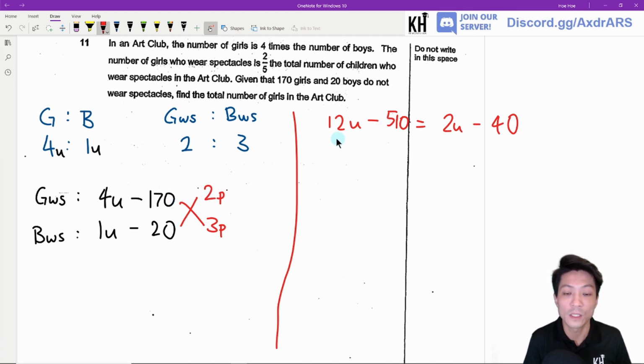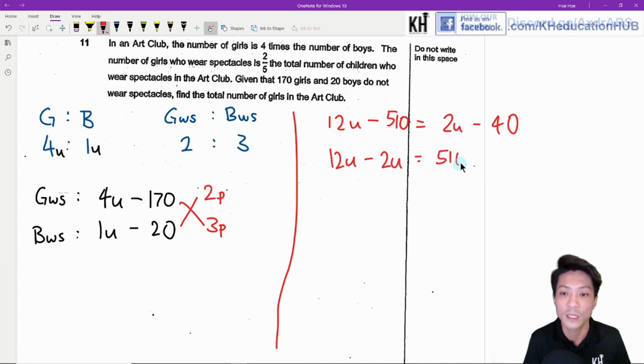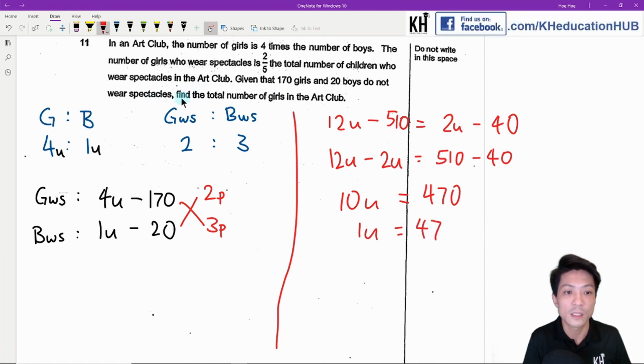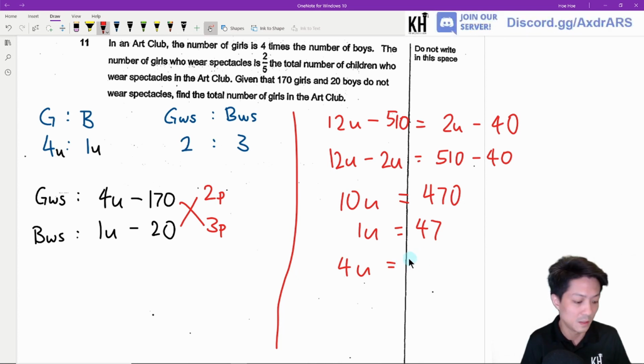At this point, 12 units minus 2 units is equal to 510 minus 40, which means that 10 units will be equal to 470. 1 unit will be equal to 47. The question is asking us to find the total number of girls in the art club, so I need to find 4 units. 47 times 4 will give me 188.